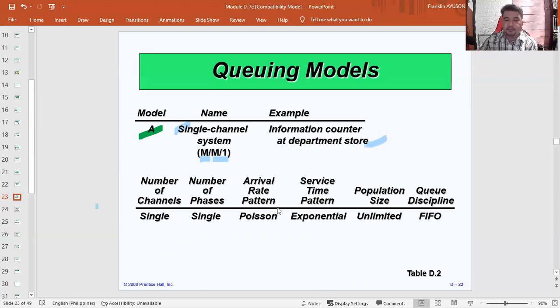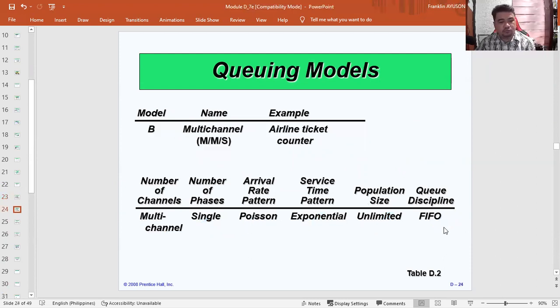And single channel yan. Number of channels, single. Number of phases, isa lang din. Arrival rate, we will compute for the Poisson, the probability, Poisson distribution. The service time pattern is exponential. Population size is unlimited, of course. The queuing discipline is first in and first out.